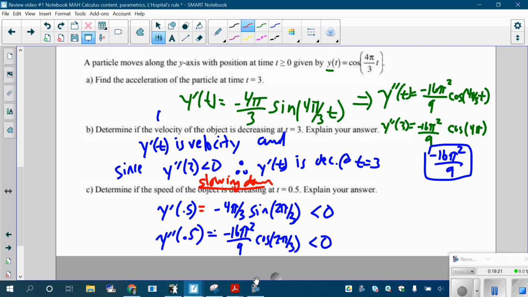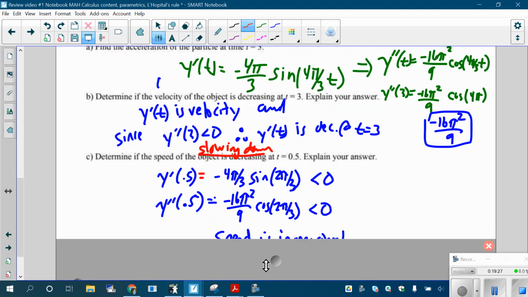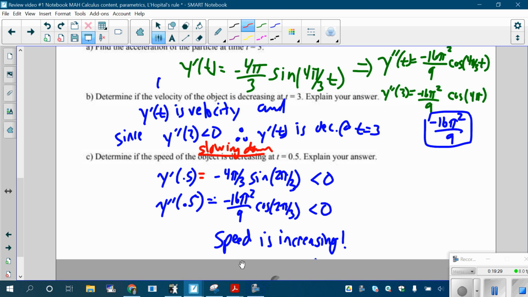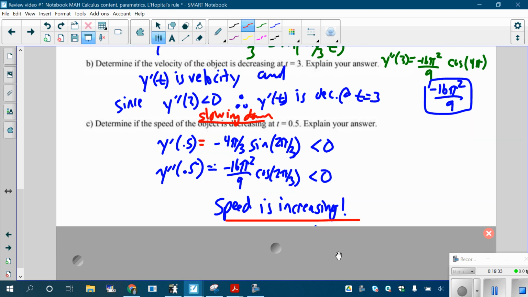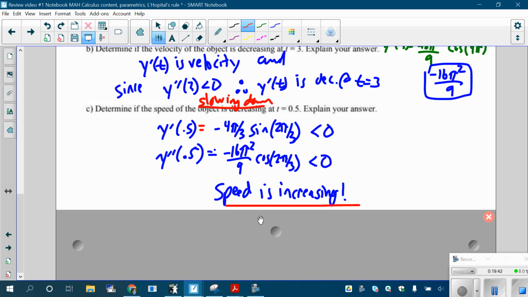In fact, because my acceleration at that time is also negative, I'm actually speeding up. Okay, my speed is increasing. I know what you're thinking. You're like, wait, how is my velocity negative, but my speed is increasing? I'll explain.